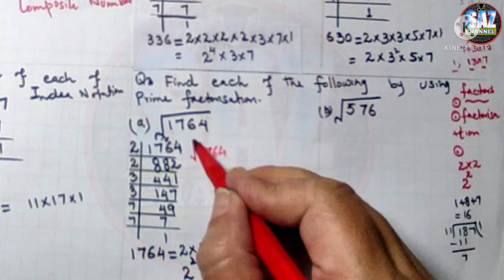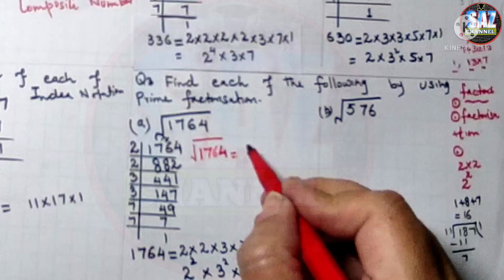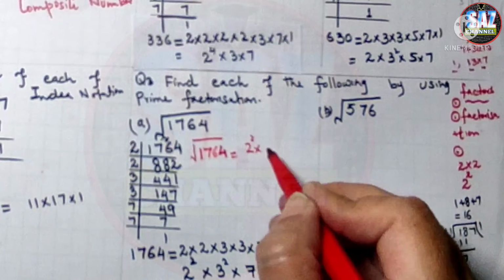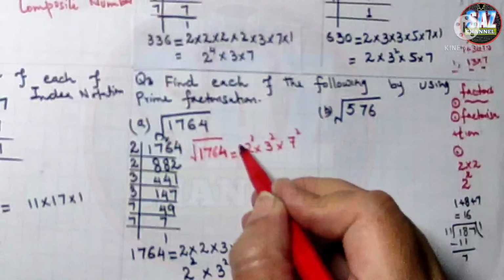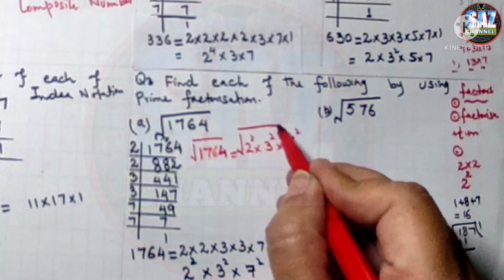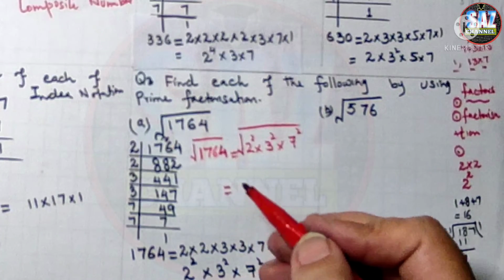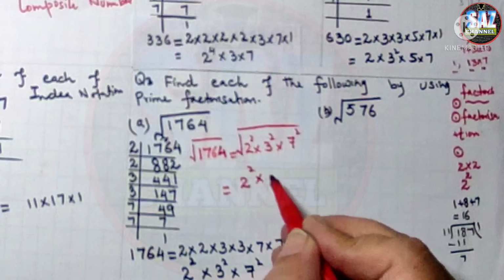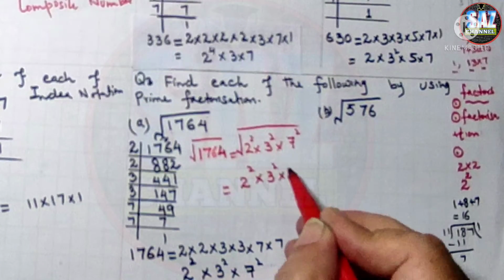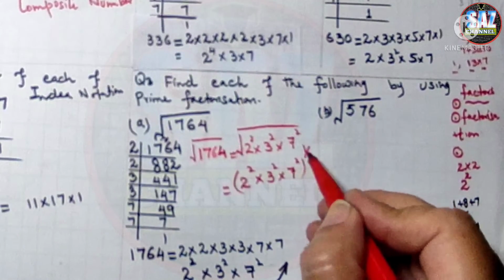At this stage, when I put the square root symbol here, on the other side I also have to put 2 square multiplied by 3 square multiplied by 7 square raised to the power of 1 by 2.